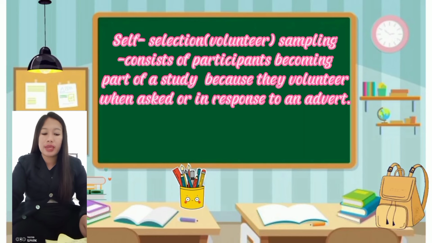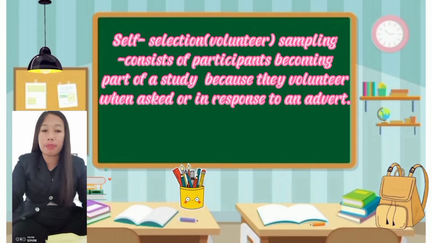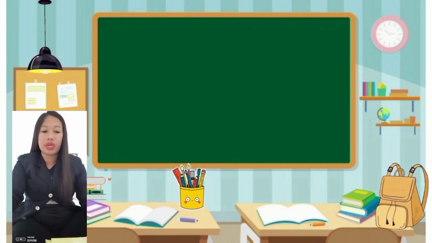Third is the self-selection sampling. Self-selection sampling consists of participants becoming part of a study because they voluntarily ask or in response to an advert. Fourth is the snowball sampling.